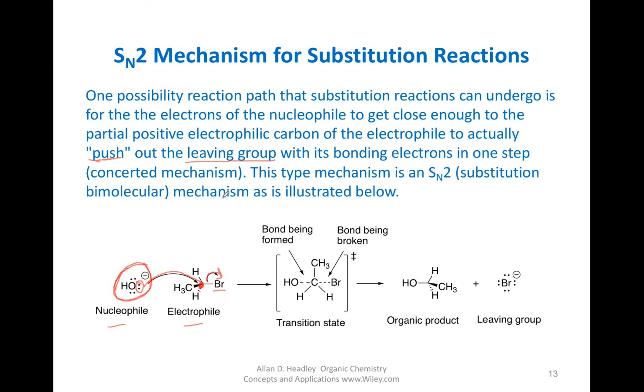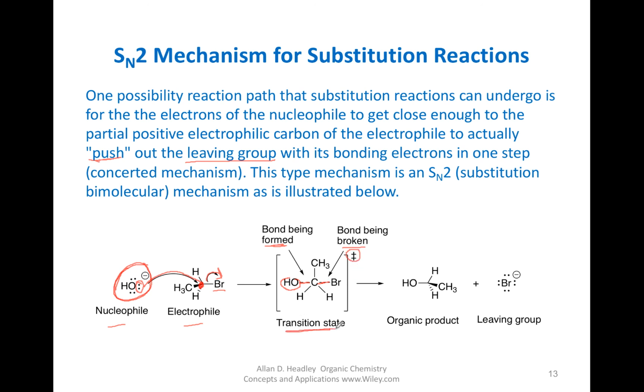So it's called a concerted mechanism. So here is the transition state where this nucleophile is literally approaching. So here's a partial bond, the bond that's being formed, and this bond is being broken as shown here by dotted lines, and that's called the transition state.